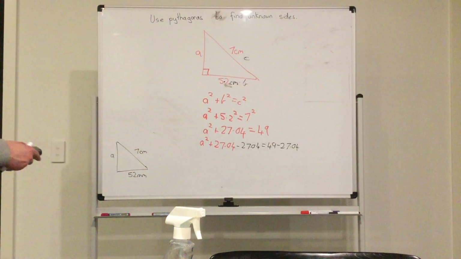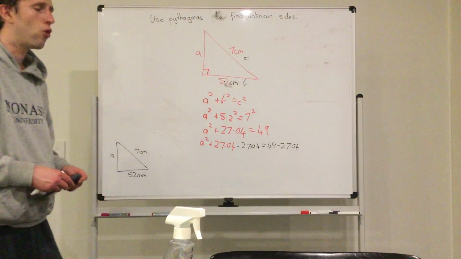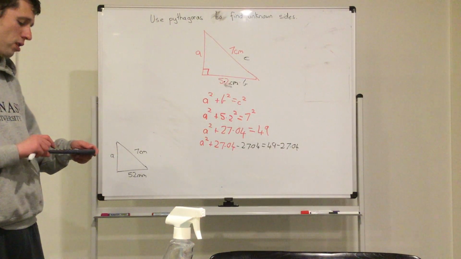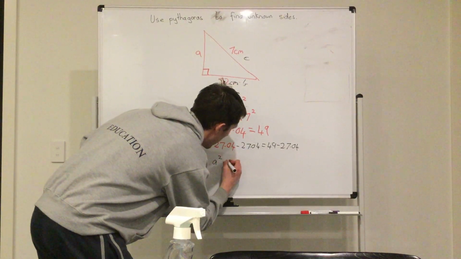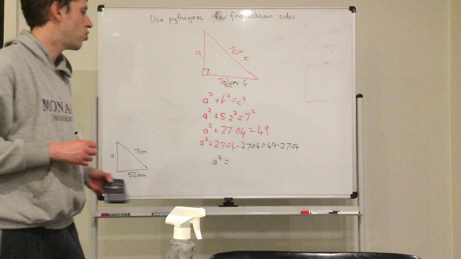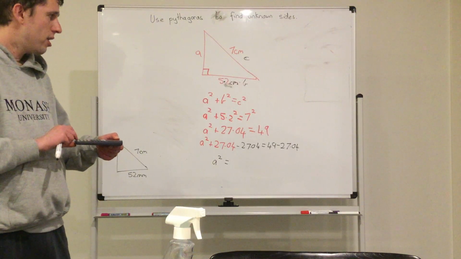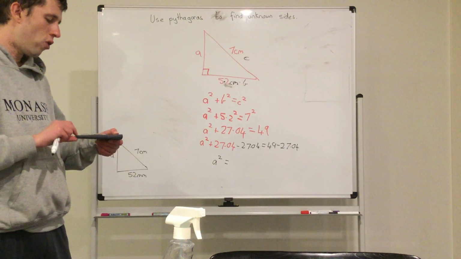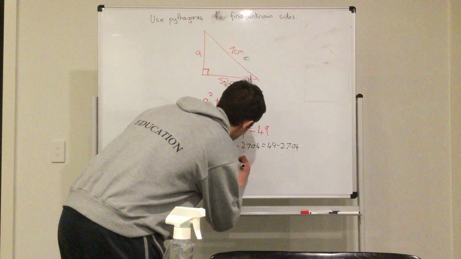Okay, so if I take 27.04 from 27.04, the answer is just going to be 0. So I can just write A squared equals, I can ignore that. On the other side, if I go 49, take 27.04, it's going to equal 21.96.